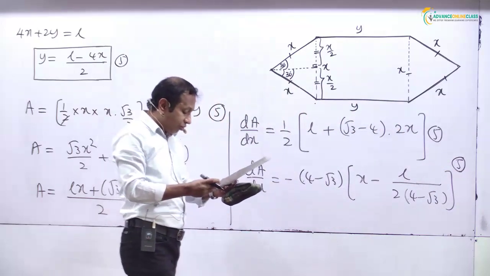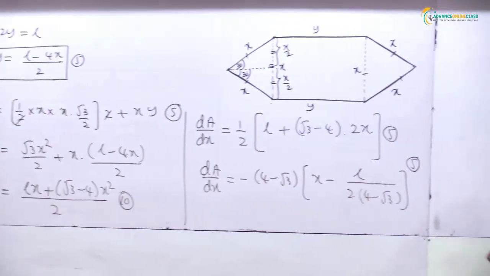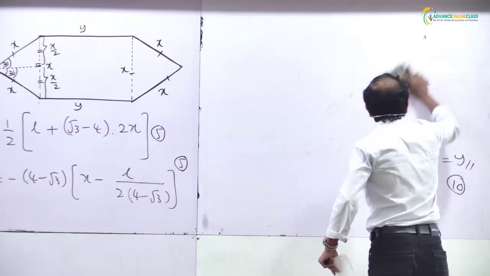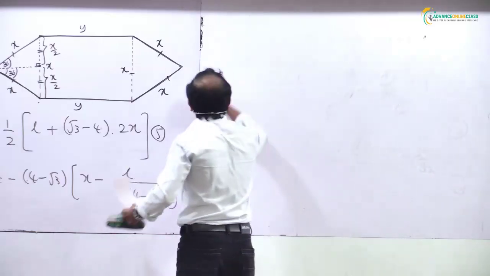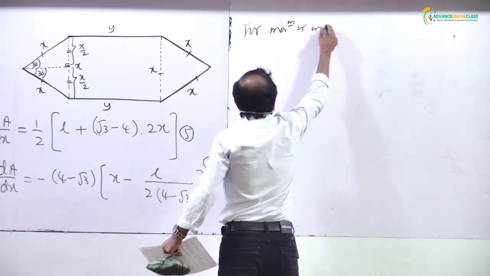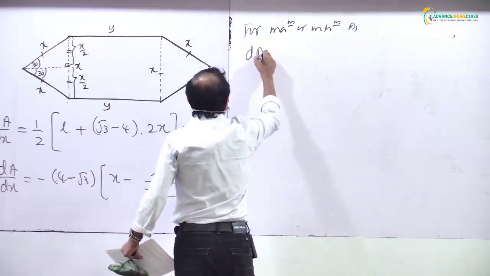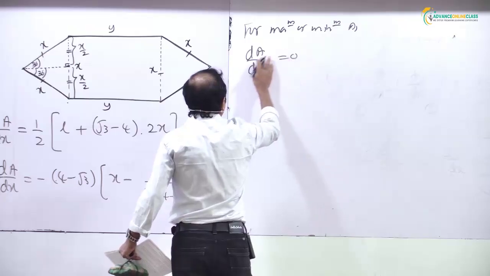Now, for maximum or minimum A, you know dA over dx equals 0. For maximum or minimum A, dA over dx should be equal to what? 0.